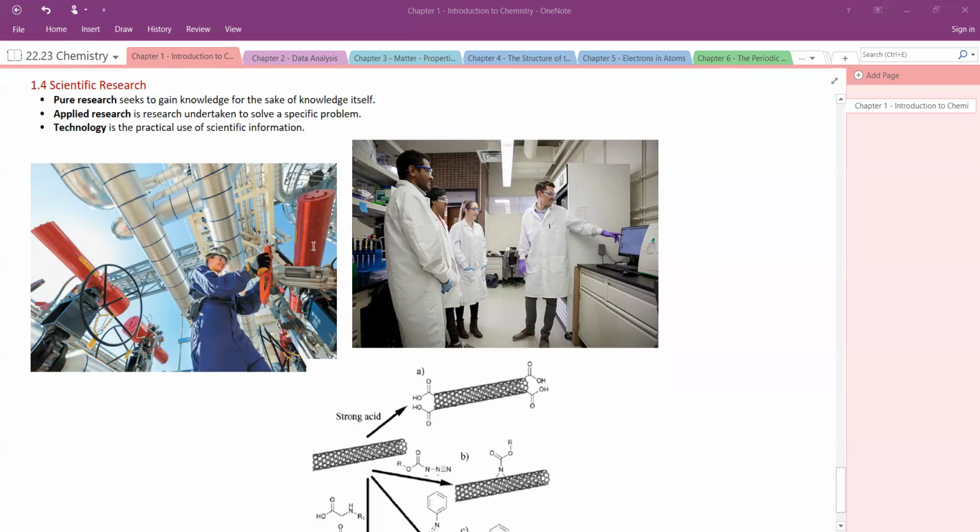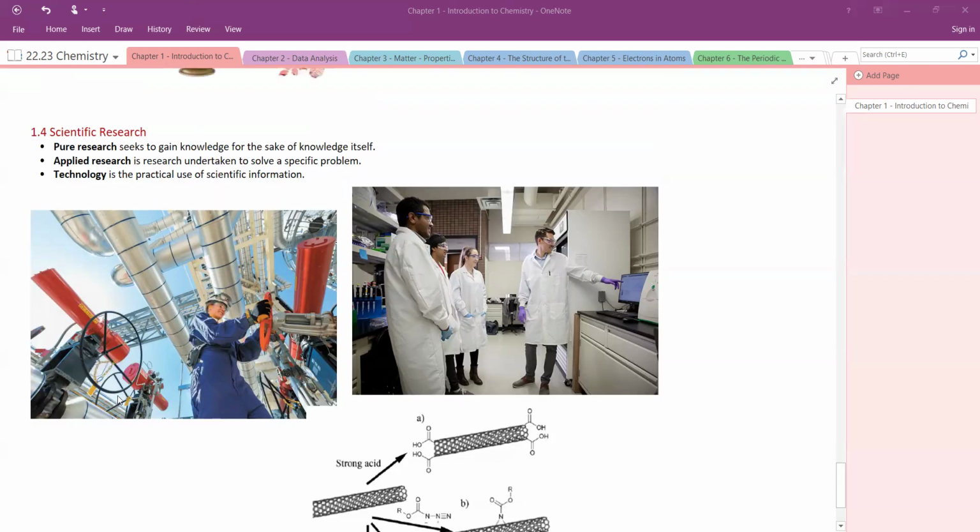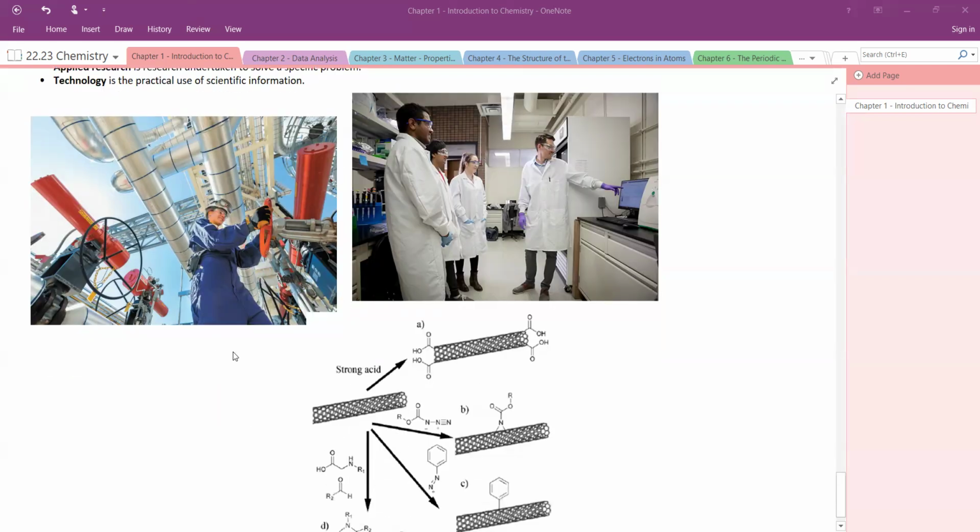Next, I would have my applied research. This might be research that is applied to a specific situation to actually solve a problem. Maybe somebody is saying, "I am looking to design a material that could be used in a bulletproof vest." And we're researching, how do these nanotubes stand up to pressure?